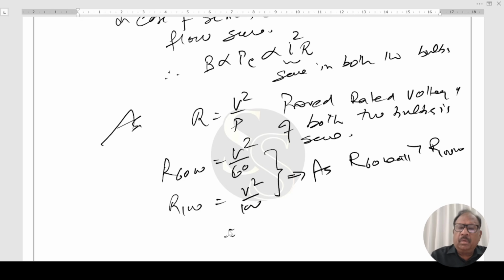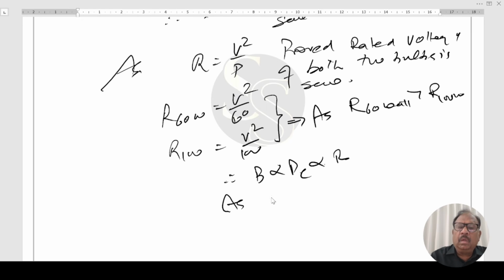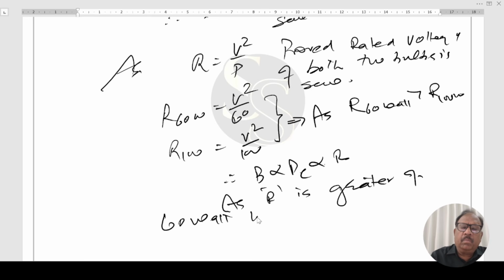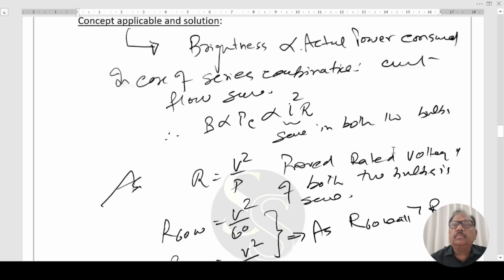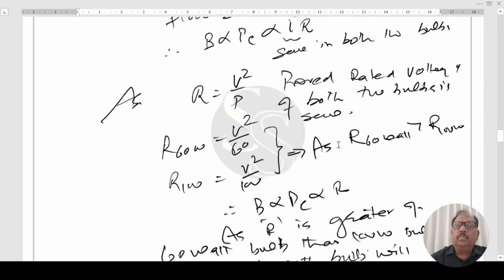Therefore, brightness is proportional to power consumed, proportional to R. As R of the 60 watt bulb is greater than the 100 watt bulb, the 60 watt bulb will glow more brightly.